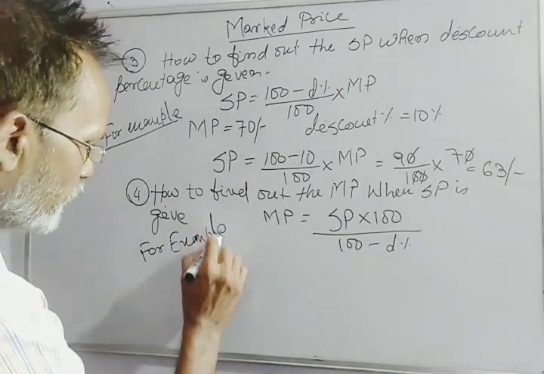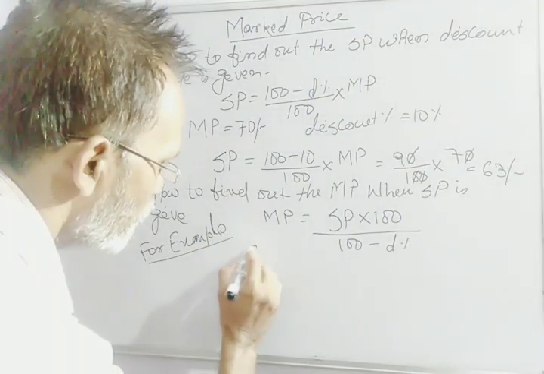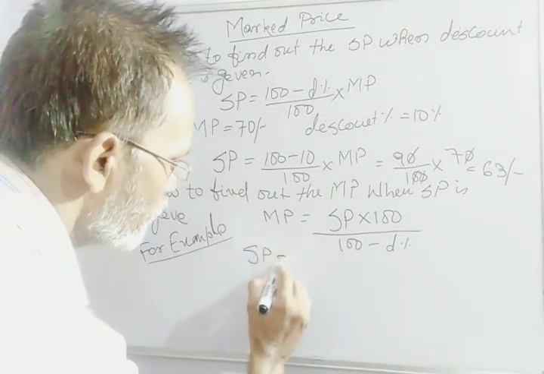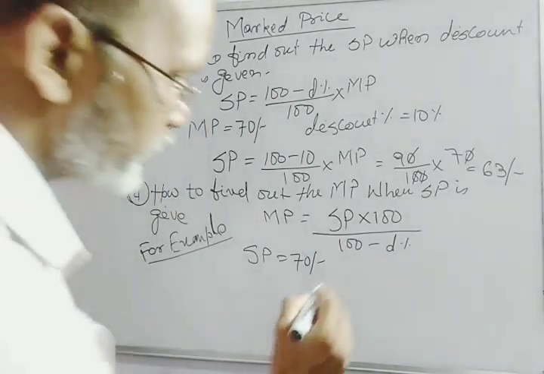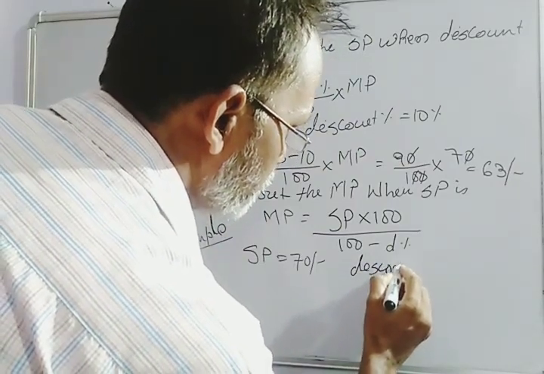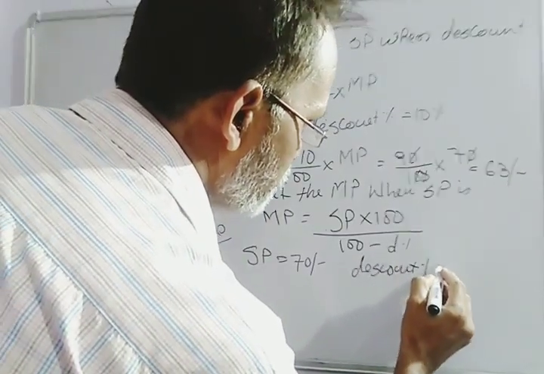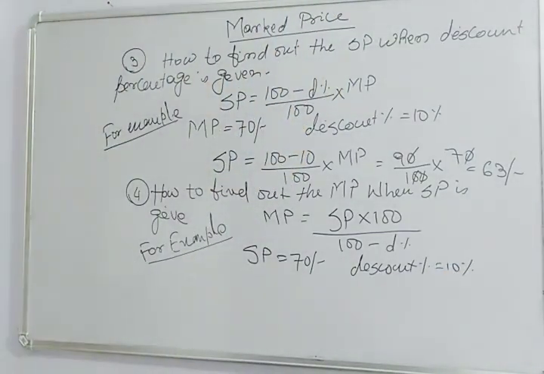So for example, if selling price is equal to 70 rupees and discount percentage is equal to 10%. Selling price is 70 rupees, discount percentage is 10%.